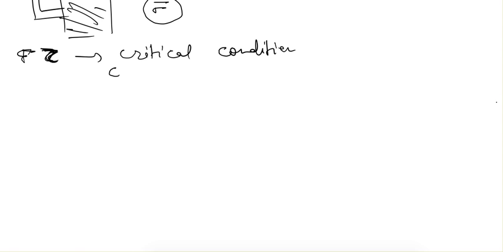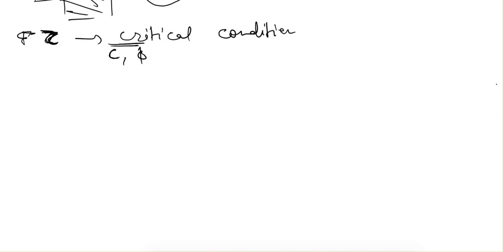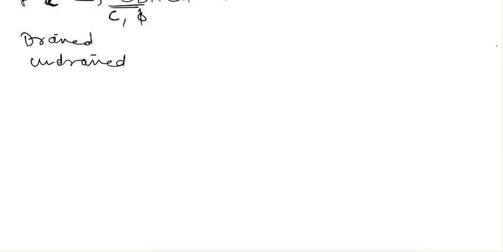So when we check our soil for shear strength, to find out the failure condition, we have to check for critical condition, and depending upon that we find those C and phi in this critical condition. Depending upon whether the soil is drained or undrained, these critical conditions will vary. So let's see these critical conditions.